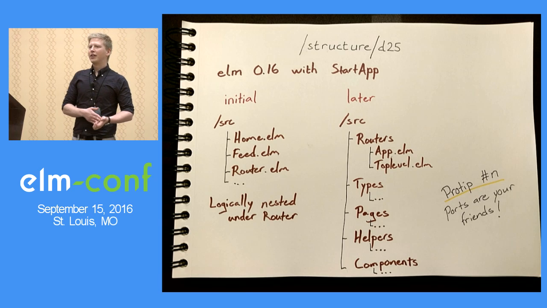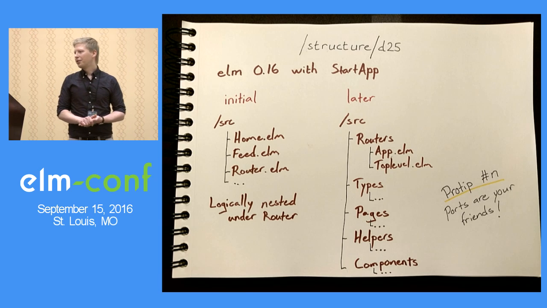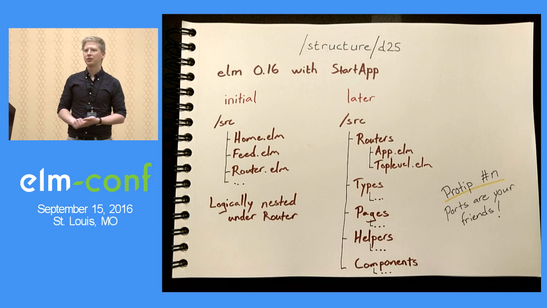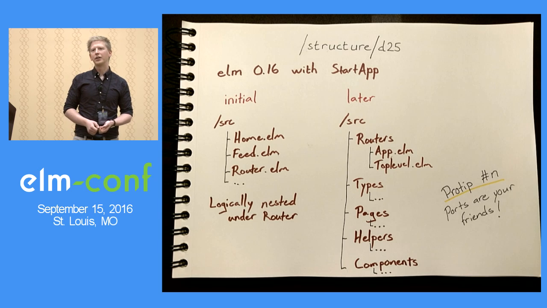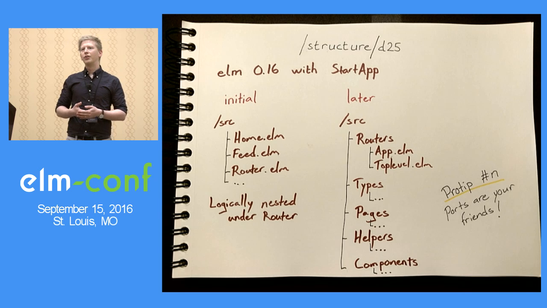And then finally, we have a folder called components, which only has very few modules. Those are the ones that could be separated from the pages and actually benefit from having their own separate state.